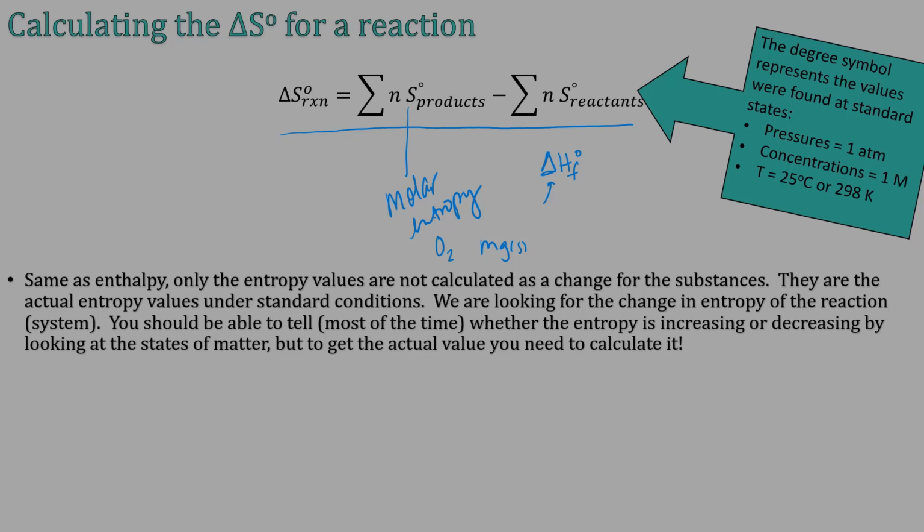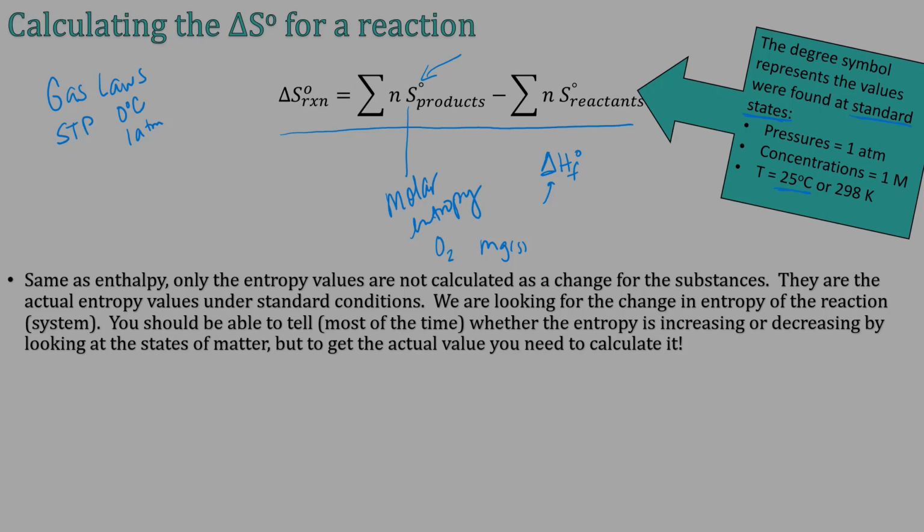If you remember back to gas laws, STP means standard temperature and pressure. Standard temperature for gas laws is 0 degrees Celsius and standard pressure is 1 atm. Well, a chemist doesn't want to work at 0 degrees Celsius, and we need to know what temperature these are being measured at. So the temperature that we use for standard conditions, or sometimes you'll see standard states, is 25 degrees Celsius.